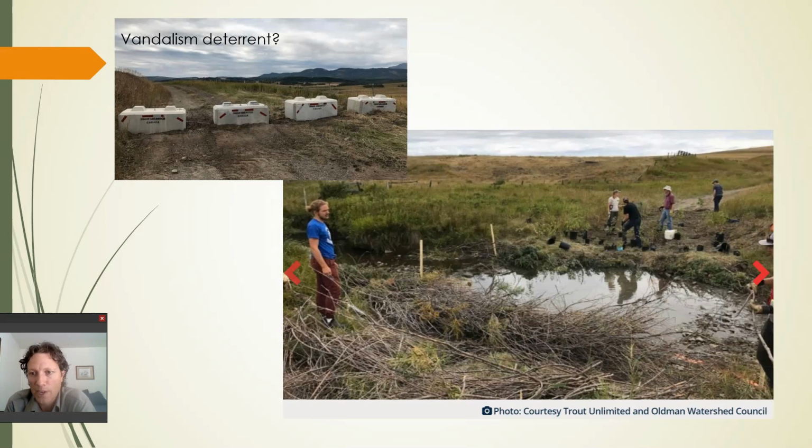But when they came back not too long later, they found that someone had gone in, just driven around the barriers, and then with malice had pulled out all the willows, had driven through the wetland multiple times, and had more or less destroyed their work.